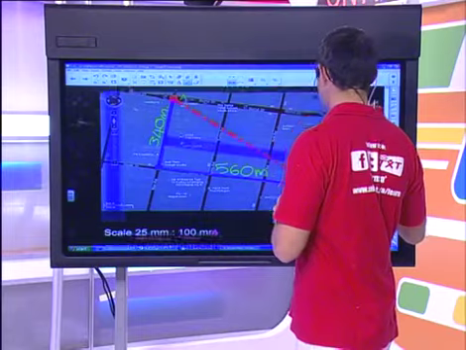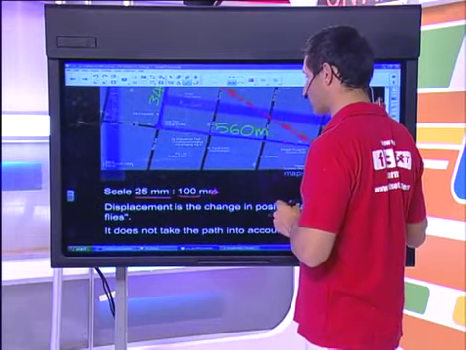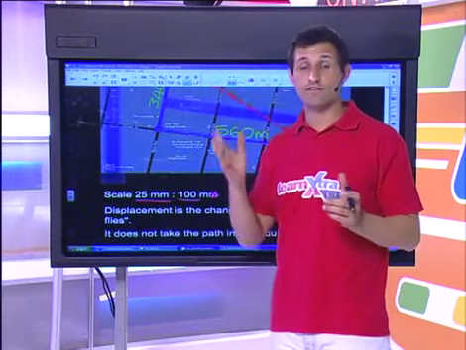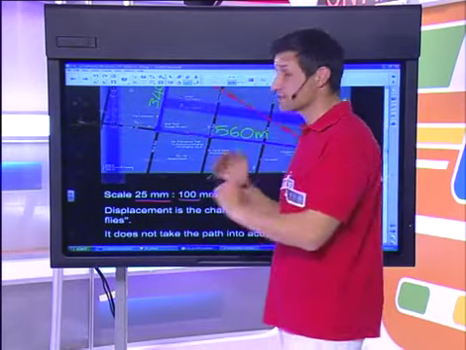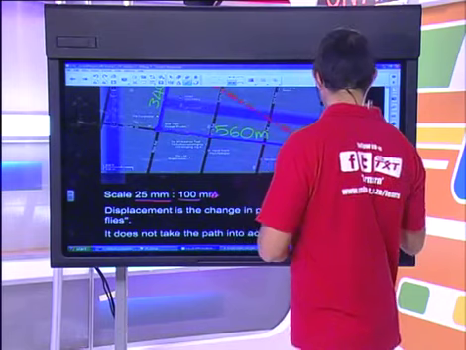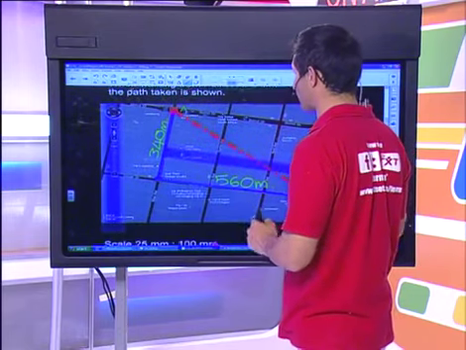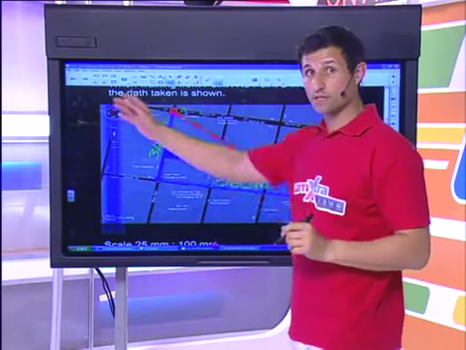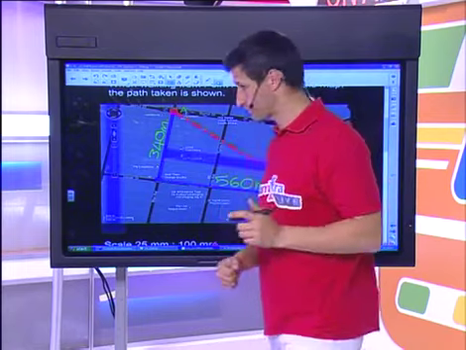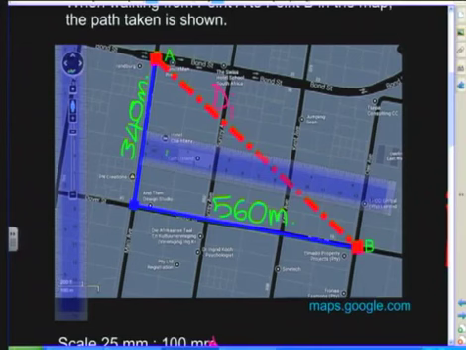What that means is if you were a crow, you would be able to fly directly from point A to point B. You wouldn't have to stick to all the streets. This is the path that you would take. This is the end achievement of what I've done there. So what I'm trying to say here is that displacement only cares about what I achieved, not how I got there. So this is my displacement. Displacement is a direct measurement from my beginning point to my end point.